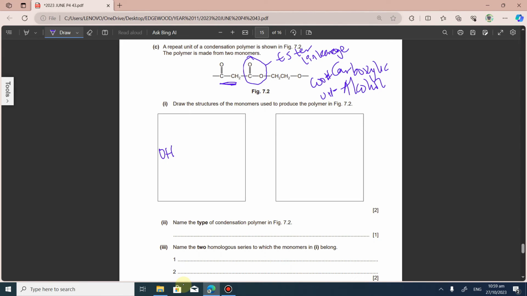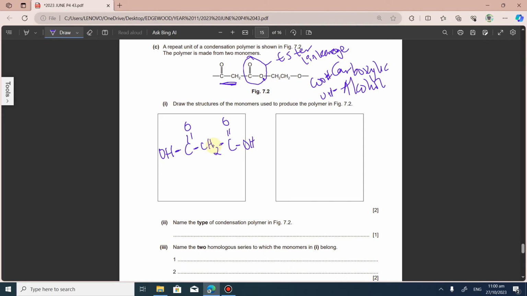OH, that is here, and then we have CO, CH2, CO, OH. All right, so this is the carboxylic acid, where this is extracted from. And then let's draw the alcohol now. So the alcohol starts from here. So we have starts from this point.